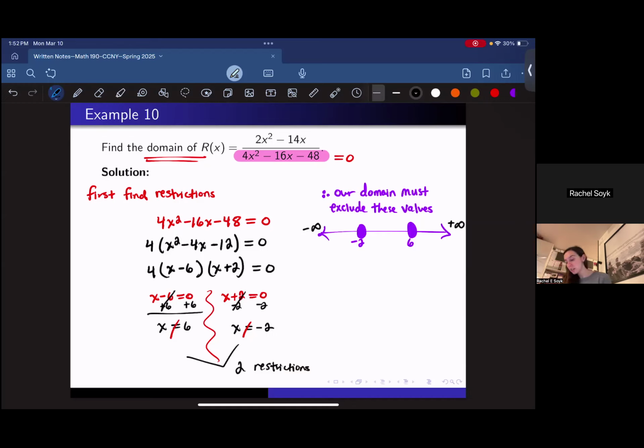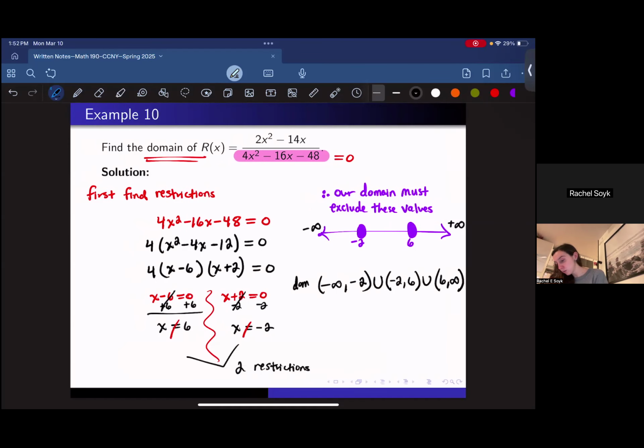Which means in interval notation, we want to look at negative infinity up to -2. We're not including -2. We're including all values between -2 and 6, so we're going to create a union. And then we're also including all values from 6 to positive infinity.